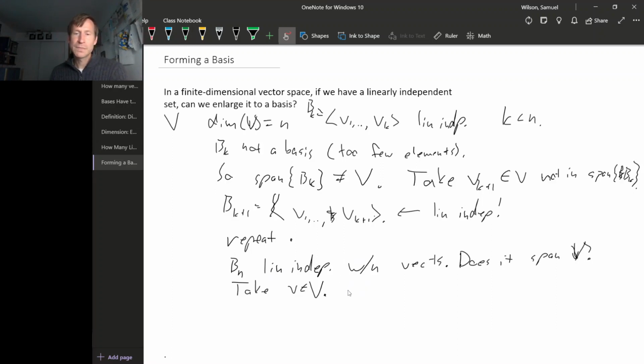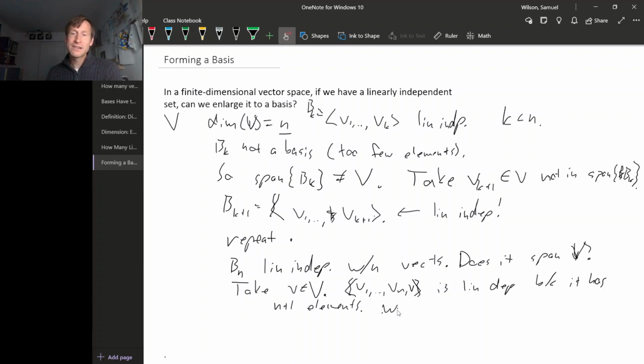So we know that the collection v1 through vn together with v is linearly dependent because it has too many elements in it. It has n plus 1 elements. We know that in an n-dimensional space, the maximum number of linearly independent elements is n. Well, we have more than that, n plus 1. So that means that these are linearly dependent.